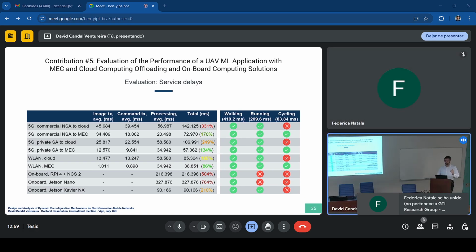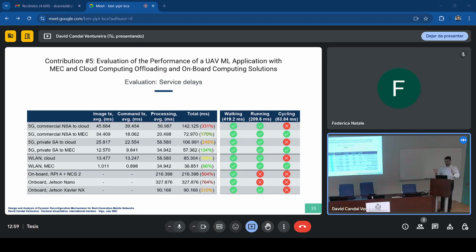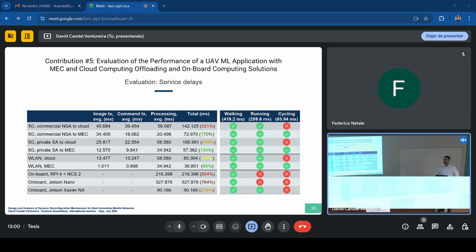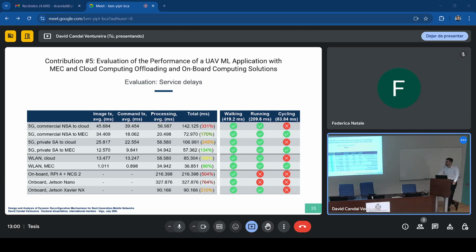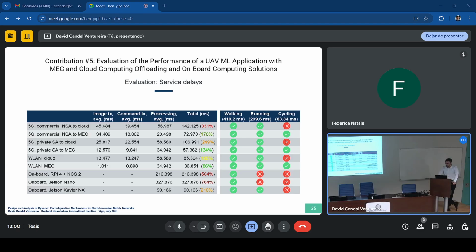As you said, and I didn't realize, in this case the service delay is higher because there is a fixed delay. Probably this is the whole delay that you can have. You have to subtract the capturing delay, and the capturing delay is not here. I didn't realize that. And that was my last question.